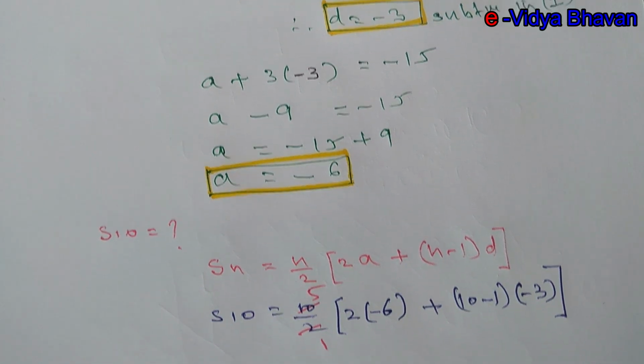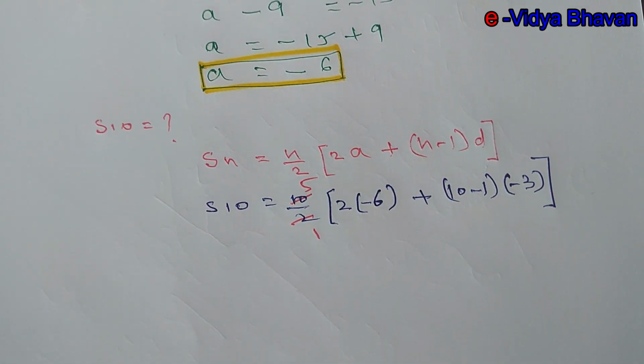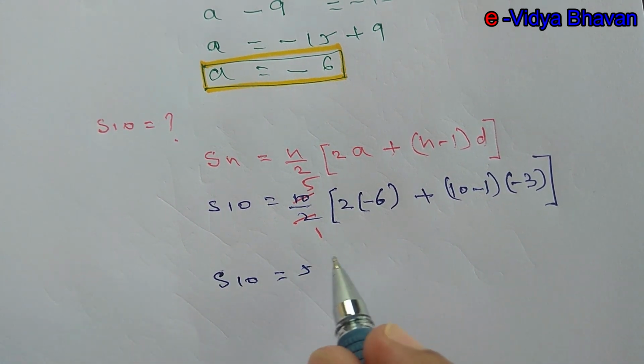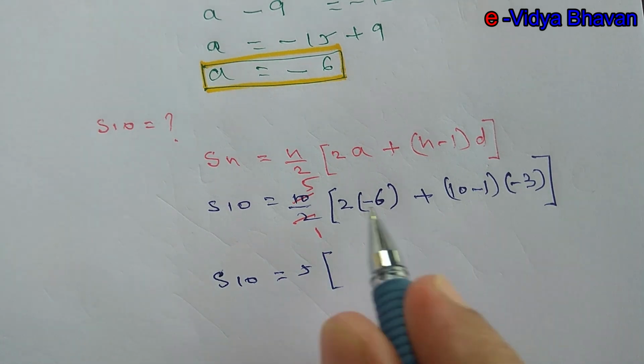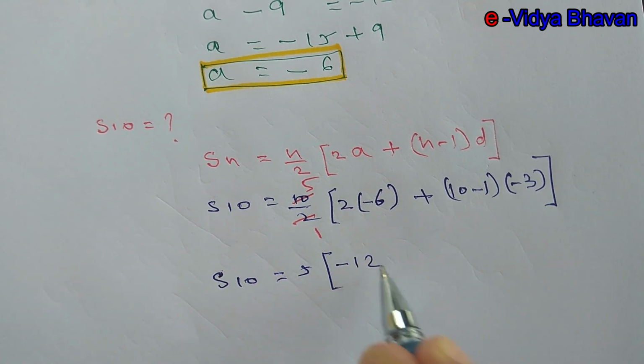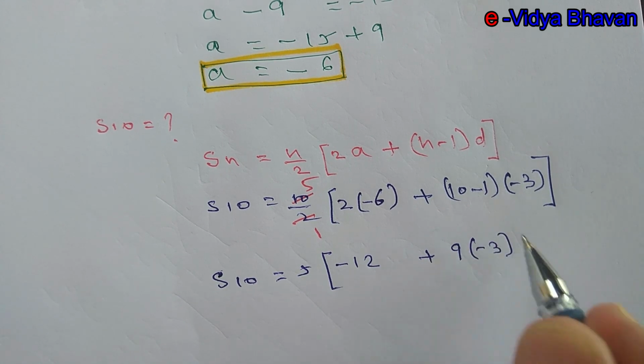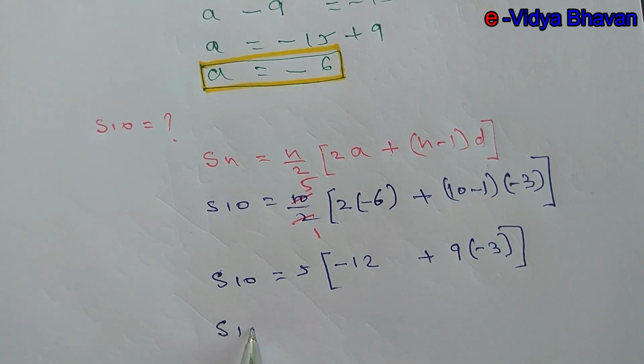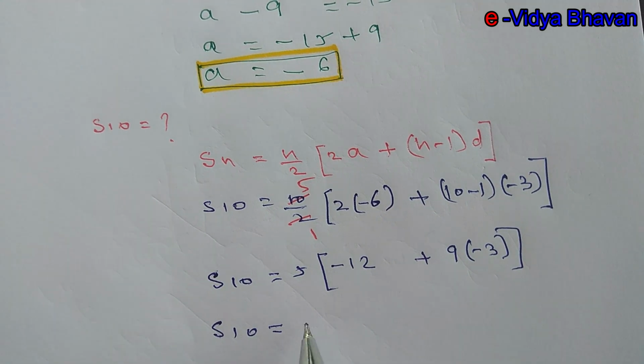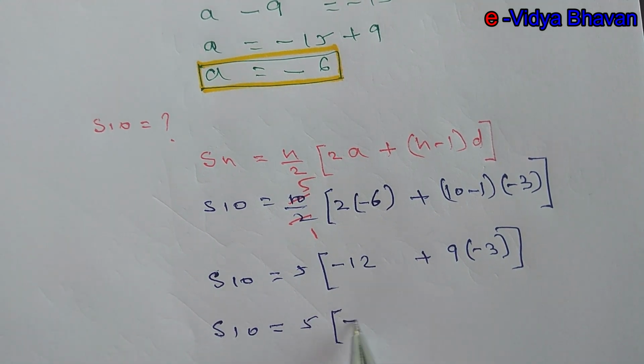So further we have S10 equal to 5 into 2 into minus 6, which will give me minus 12, plus 10 minus 1 which is 9 into minus 3. So S10 we will have here 5 into minus 12 minus 27.